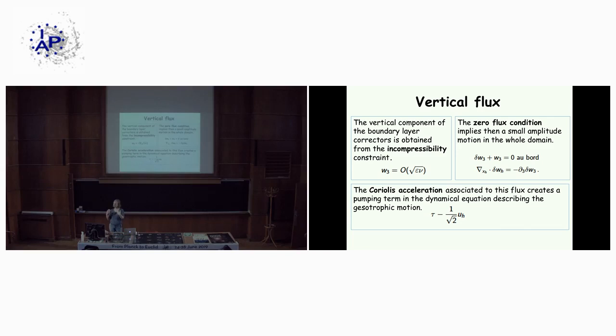And this is really important because this is completely systematic. You don't need to assume this or that. This is a very systematic way of transforming your strongly anisotropic system into a 2D system.